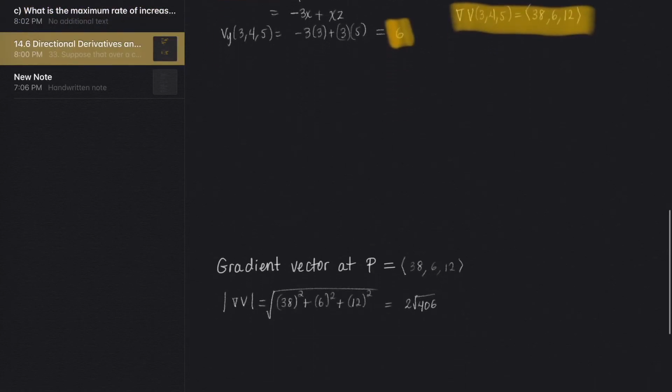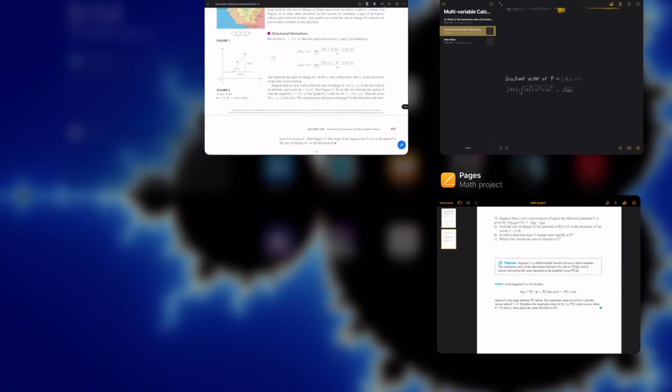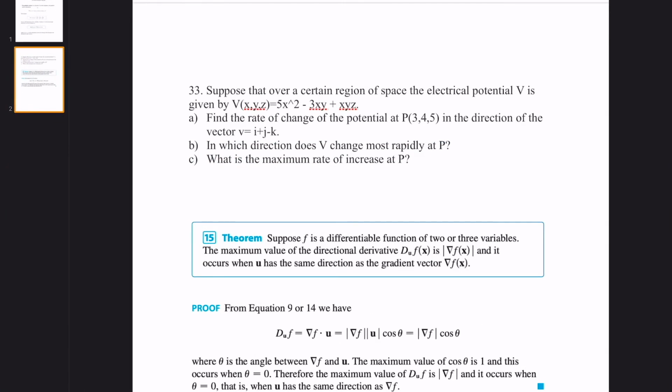And then for part C, we want to know what is the maximum rate of increase at the point P. Here I want to show theorem 15. Theorem 15 basically says that the maximum value for the directional derivative is the magnitude of the gradient vector of the function times the cosine of the angle.